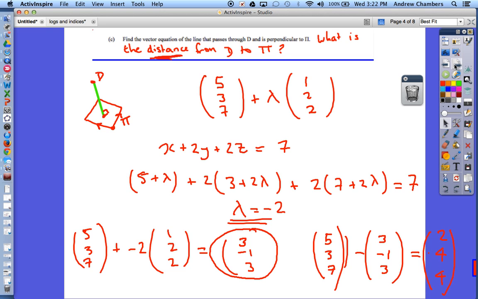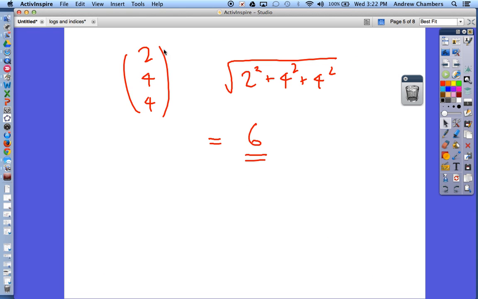Now all I need to do is find the distance represented by that, by doing the square root of 2 squared plus 4 squared plus 4 squared, which is equal to 6. And 6, therefore, is what I was looking to find out, which is the distance between D and the plane.